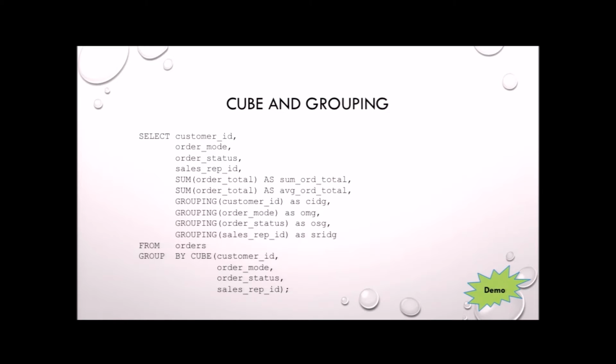Or is that a total row? And you can become very confused as to which are actual data rows where a value is null and you're summing it up for values of null, or it's an actual total row. And the only way to actually know the difference between those two things is to use the grouping function so you know which ones are actually totals. Which things are you actually getting a total for?